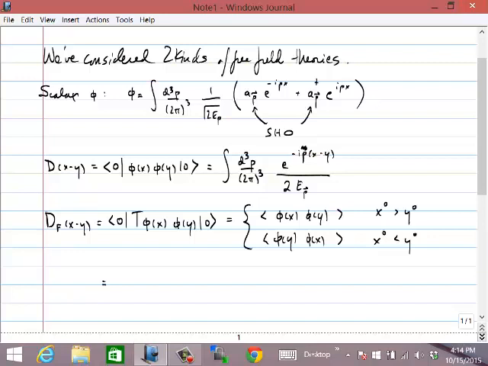And we found a very nice expression for this Feynman propagator. We converted our expression for the propagator as an integral d3p into a form that is a little more consistent with the idea that we should write things in a relativistically invariant way, so we write it as an integral d4p.